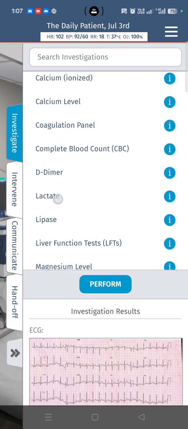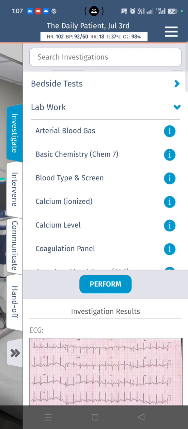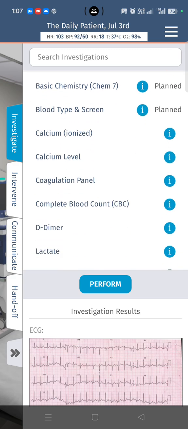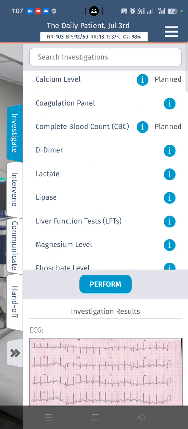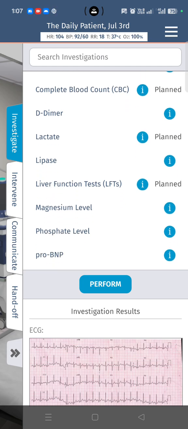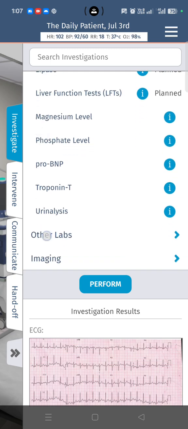In lab investigation, we can start with basic chemistry, then blood type, calcium levels, CBC. We can check for lactate for fluid resuscitation if needed. We have to conduct LFTs, and for the pancreas we can conduct lipase and amylase tests.